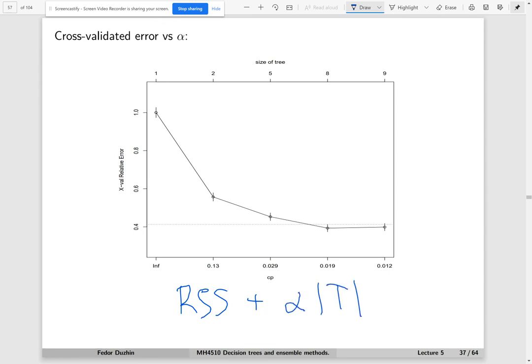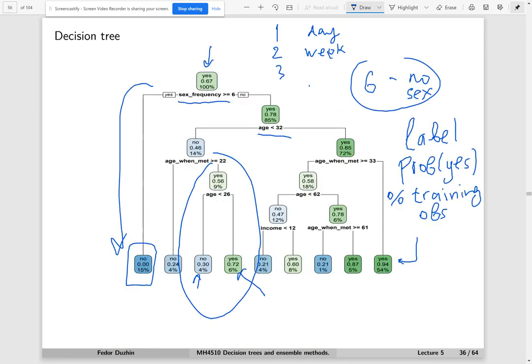And in this case, it seems that the alpha that leads to 8 terminal nodes is better than the alpha that leads to 9 terminal nodes. So strictly speaking, there are 9 terminal nodes here, and one of them should be pruned out. I'm not sure which one it is, I haven't really checked, maybe it's this node.